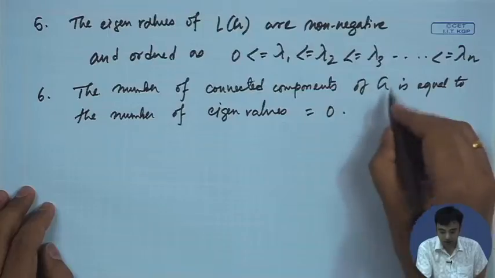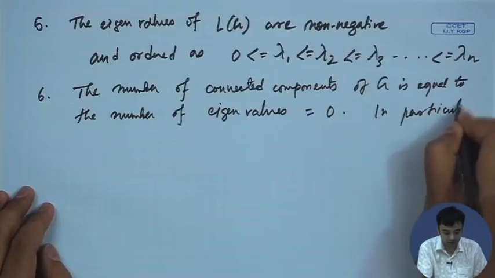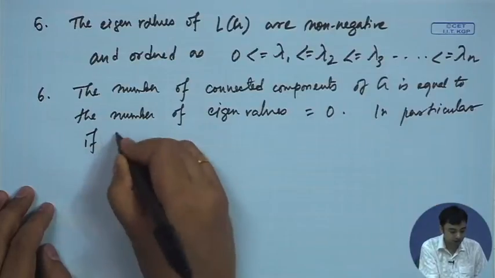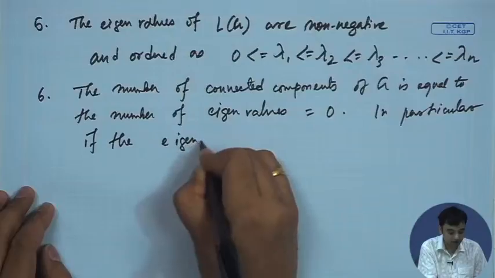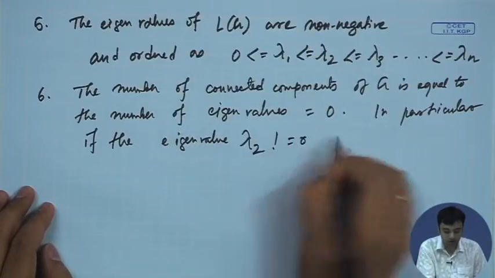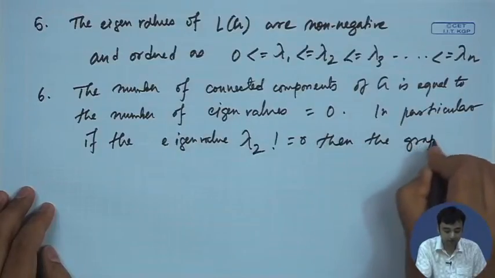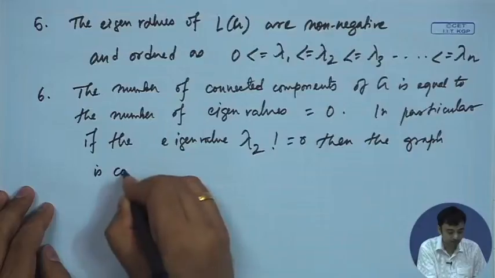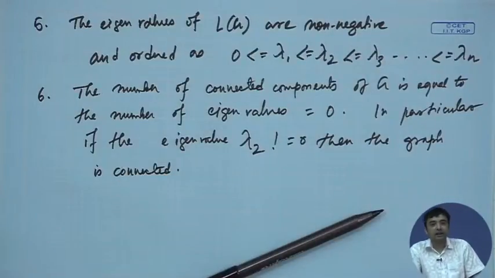In particular, if the eigenvalue lambda 2 is non-zero, then the graph is connected. So, basically this is why, as I was telling you last day, the second eigenvalue is very important.